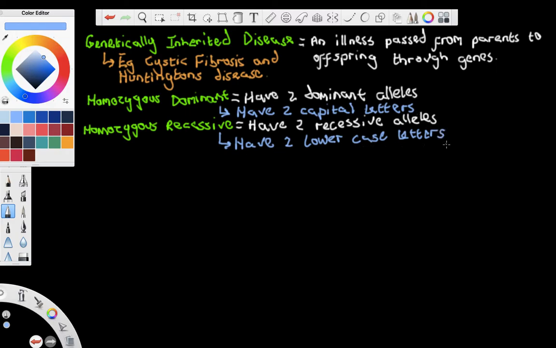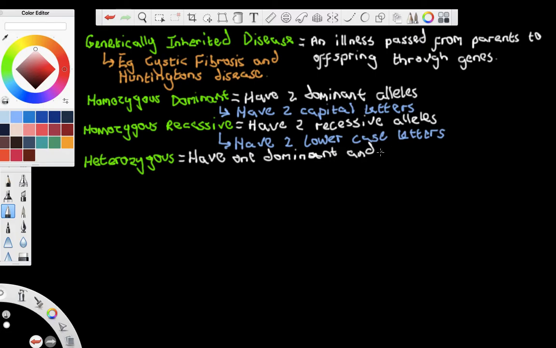If someone is heterozygous, they have one dominant and one recessive. So heterozygous means that they have one dominant, one recessive allele.